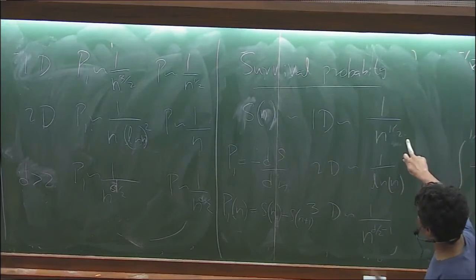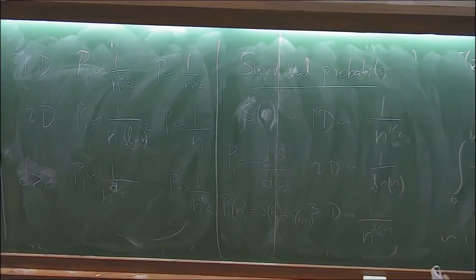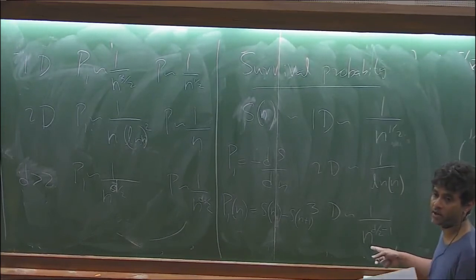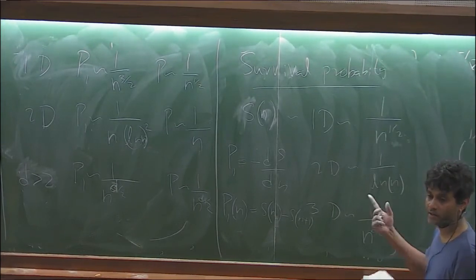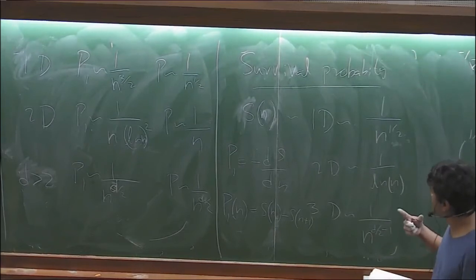Okay, now the question is, at n infinity, this is 0, this is 0, and this is what? So what is this in 3D? In 3D, of course, the particle survives with some probability.